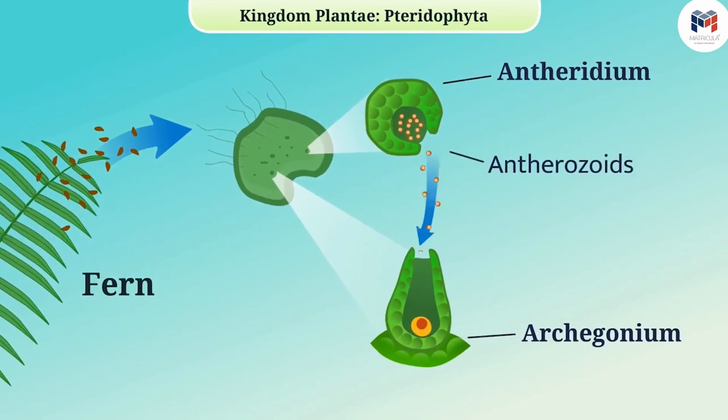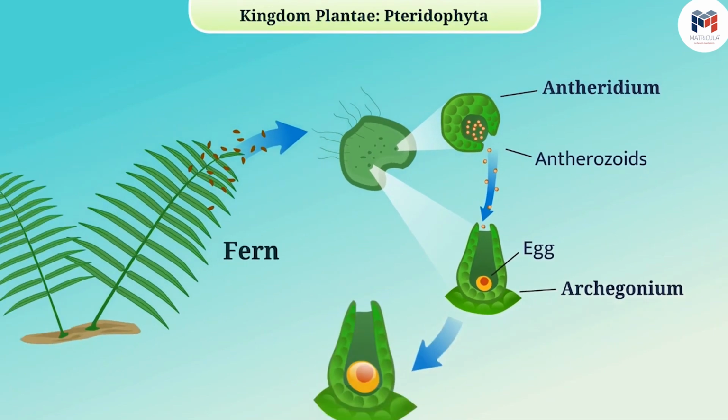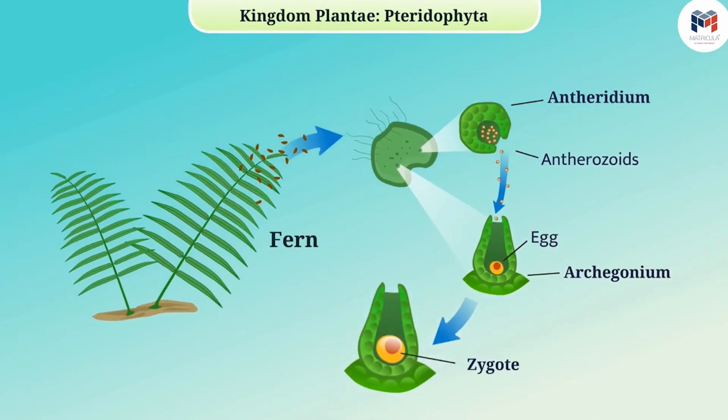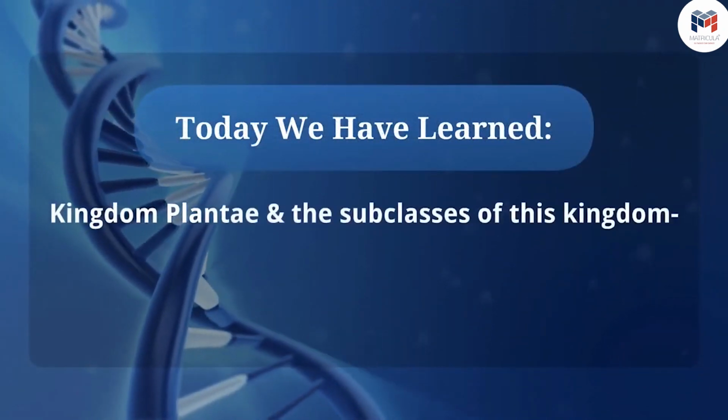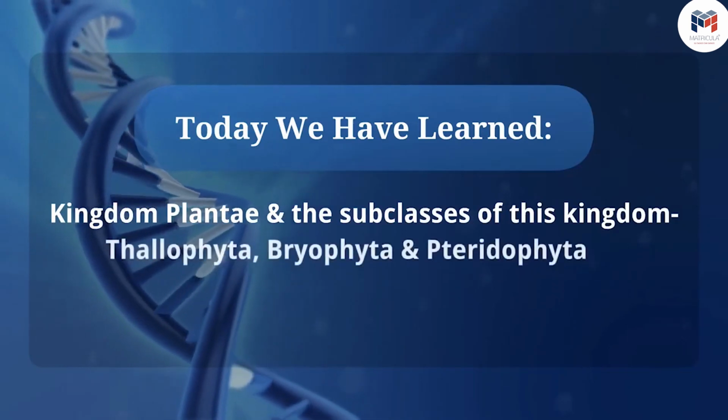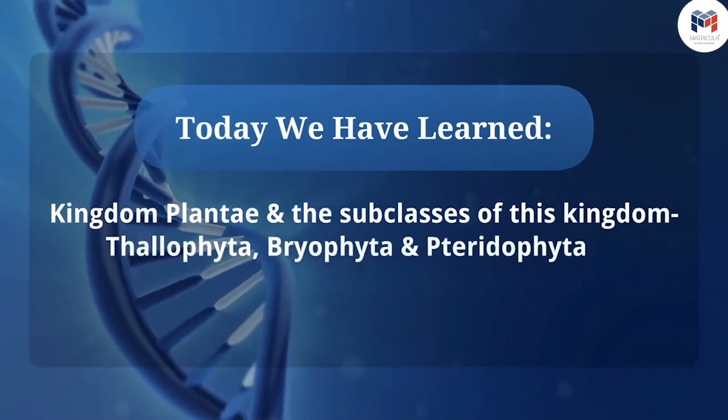Antherozoids are released from the antheridium and reach the mouth of archegonium through water. The egg present in archegonium fuses with the male gamete to produce a zygote, which develops into a new individual. So today we learned about kingdom Plantae and subclasses of this kingdom, Thallophyta, Bryophyta and Pteridophyta.